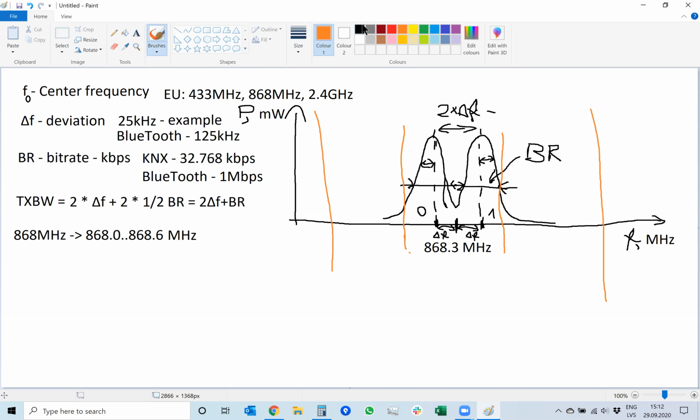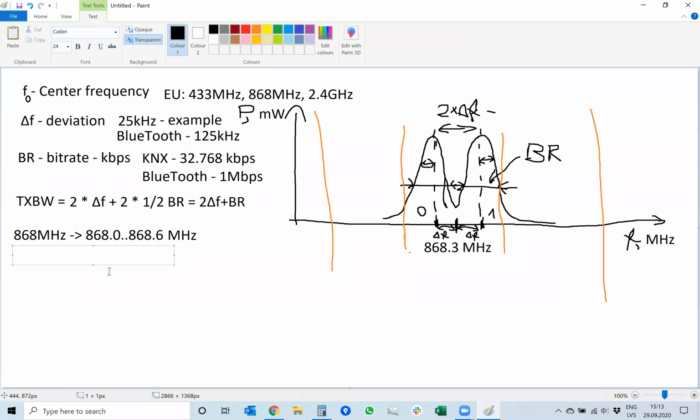Okay, so we talked about center frequency, deviation, bitrate, and the total width of our signal, which cannot go outside of the permissible band. And I will just write also the 2.4 gigahertz band is actually in European Union. In most locations, it is 2.400 to 2.485 megahertz. So actually you can transmit the signal within these limits.